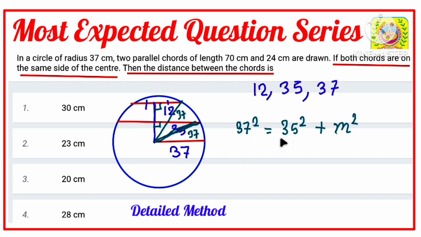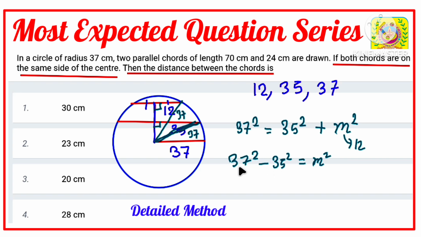So here 37, 35 and this one you need to find out. With this triplet easily you can find this value as 12, or you can just take this one on the other side. So 37 squared minus 35 squared equals m squared.